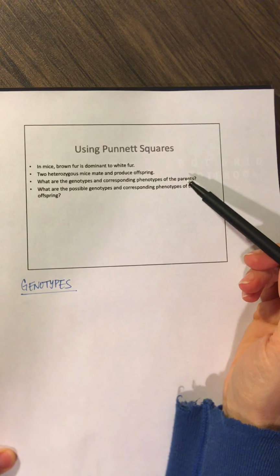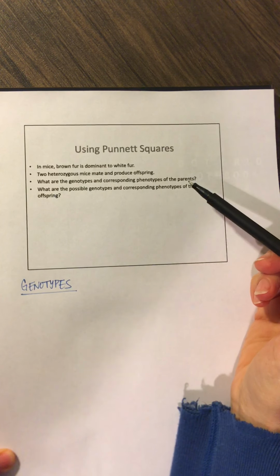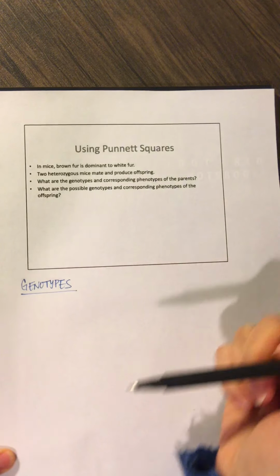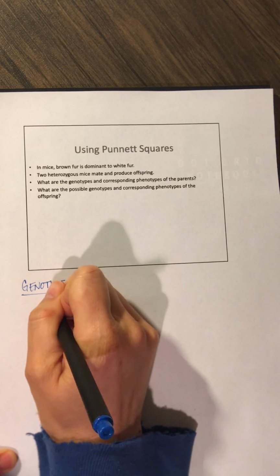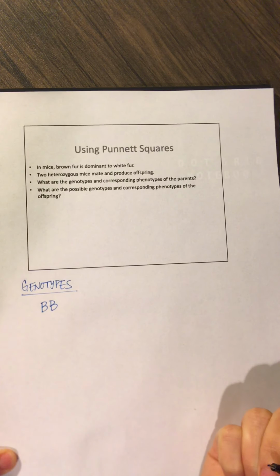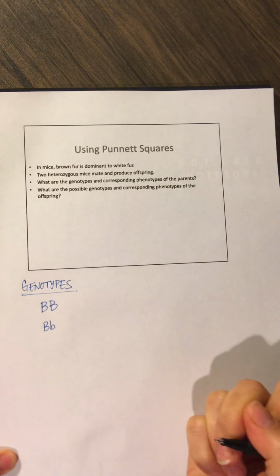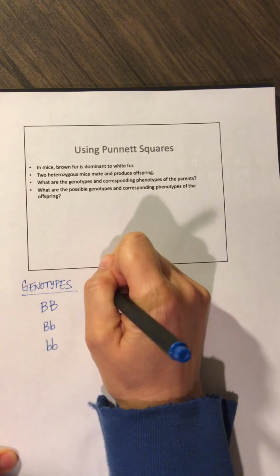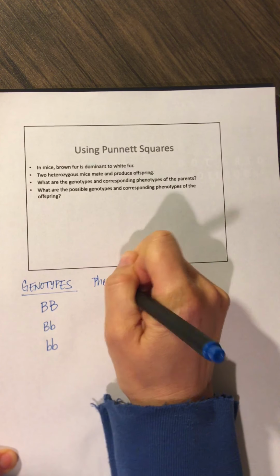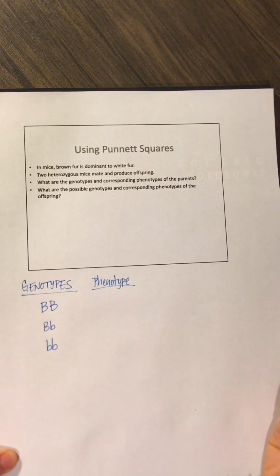It didn't tell me it was a special situation like X-linked recessive or something like that. So the three possible genotypes are homozygous dominant, heterozygous, and homozygous recessive.